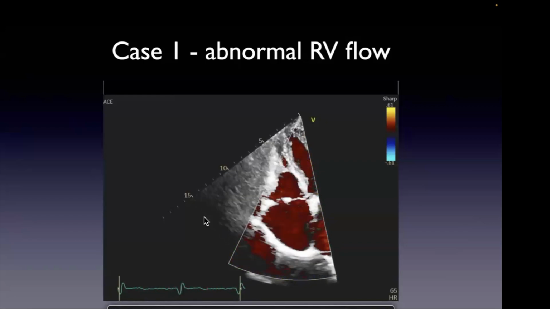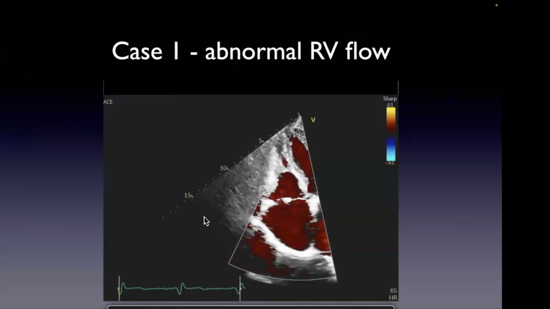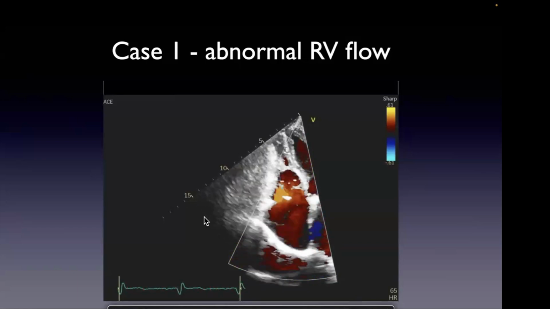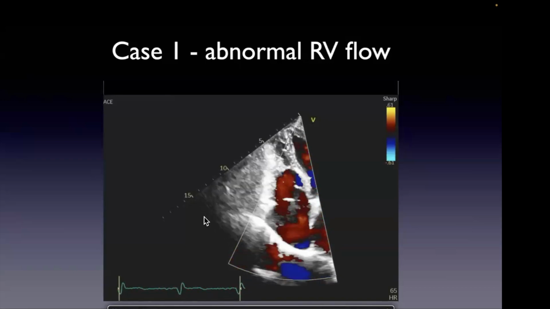What are some of the other abnormal flows that we can see in the right ventricle that this is probably not? What are the fistulas that we see in the right ventricle most commonly? What are some vascular structures that can empty into the RV abnormally?